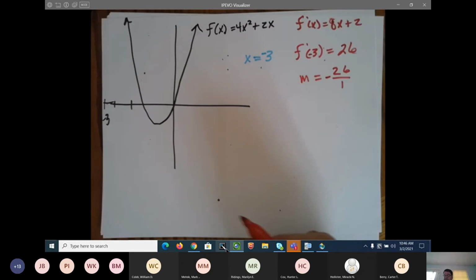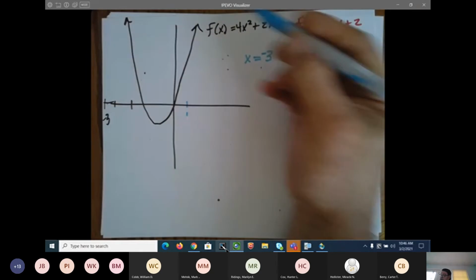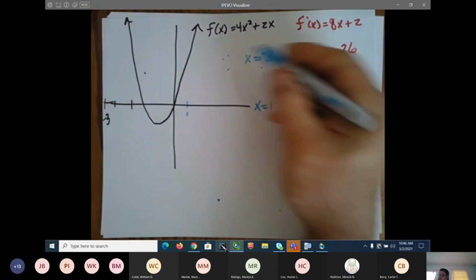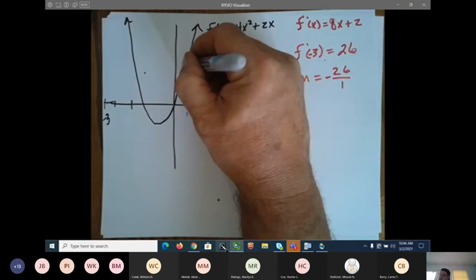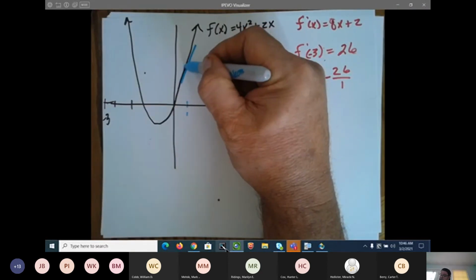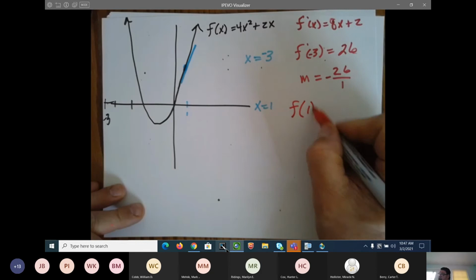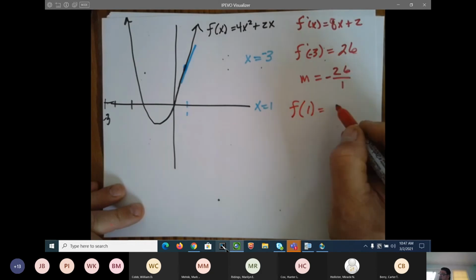All right, what about at +5? Or let's do +1. And 1 is right about there. So what is the slope of this line, this tangent to this curve? That's going to be f prime of 1, which is equal to 10 over 1.